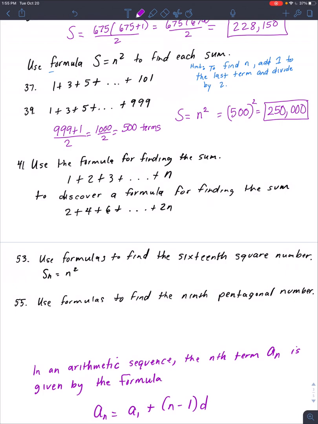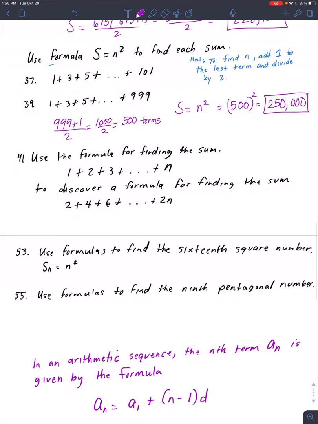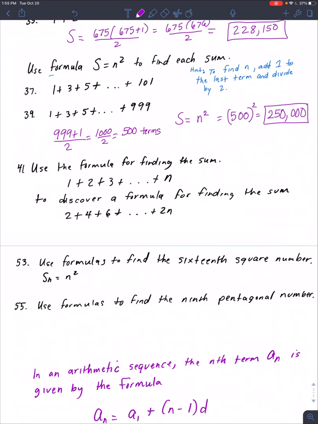Alright, use the formula for finding the sum. Okay? So one of the things you need to recall here, from before and in your previous lesson, you have n plus 1 divided by 2 up there, and that's what we did before. So when we're looking at use the formula to find the sum, we have 1 plus 2 plus 3 plus dot dot dot plus n.